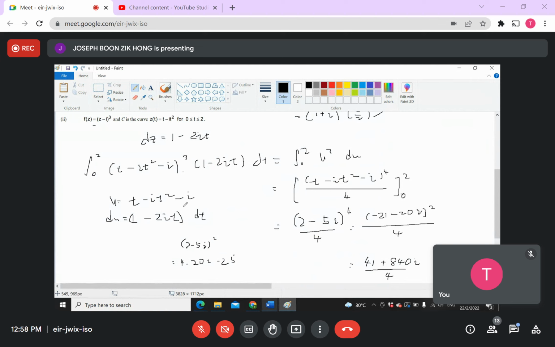Oh, wait. I square is negative 1, so 4, so I take 2, so 2. Got? At the back still got? No more? I don't understand, what do you mean?